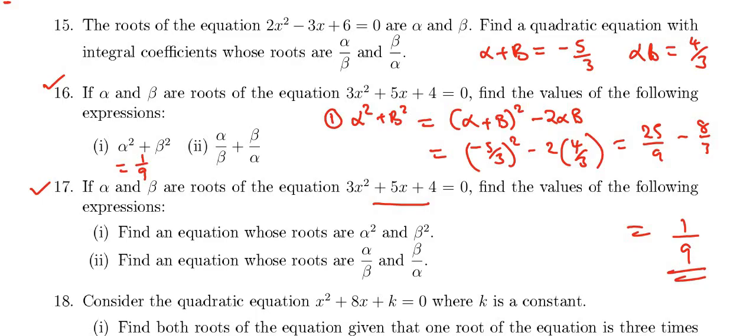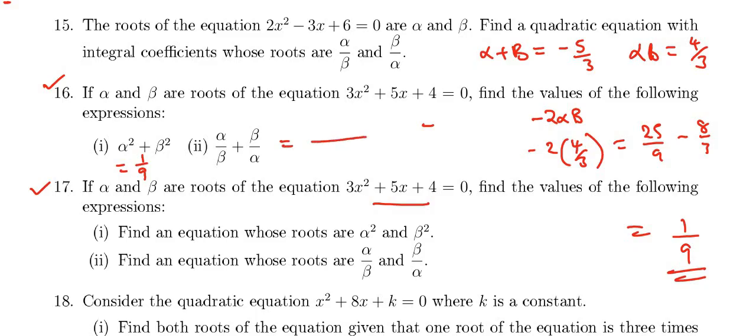Then for the second one, where they are saying you are having 1 over alpha plus 1 over beta, you know this is going to be the same as alpha squared plus beta squared over alpha beta, right? You've already found what alpha squared plus beta squared is, so this is 1 over 9, right? This part on top. Then the down part is the same as 4 over 3.